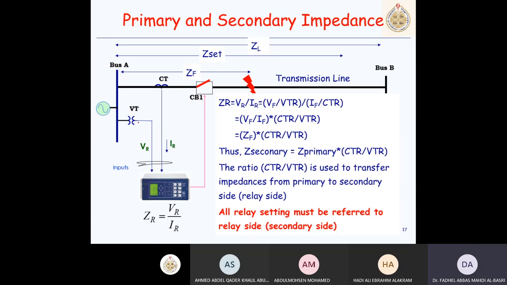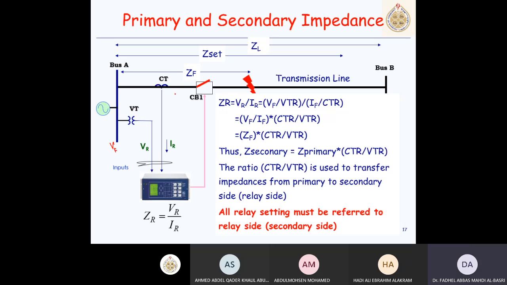I know that VR is equal to the voltage at the bus, which I'll call VF, for example, divided by the VT ratio, gives me VR.